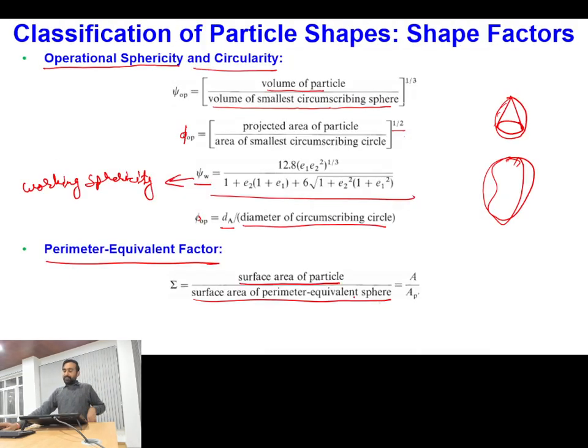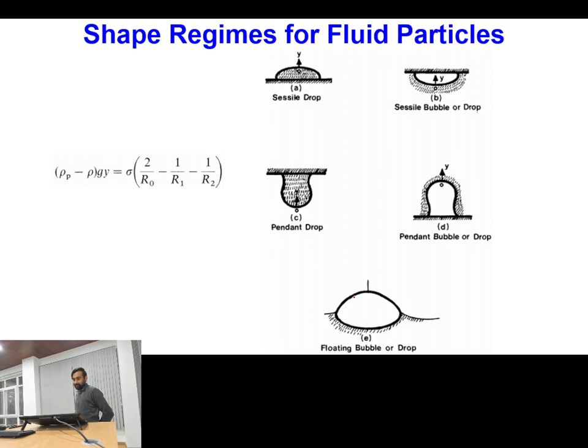Now, after defining the shape of solid particles, with different factors to characterize the shape of arbitrary particles, we have to go for shapes of fluid particles. One simple rule is that fluid particles will acquire the shape which is in static equilibrium in terms of the normal and tangential forces acting at the interface between the two fluids.